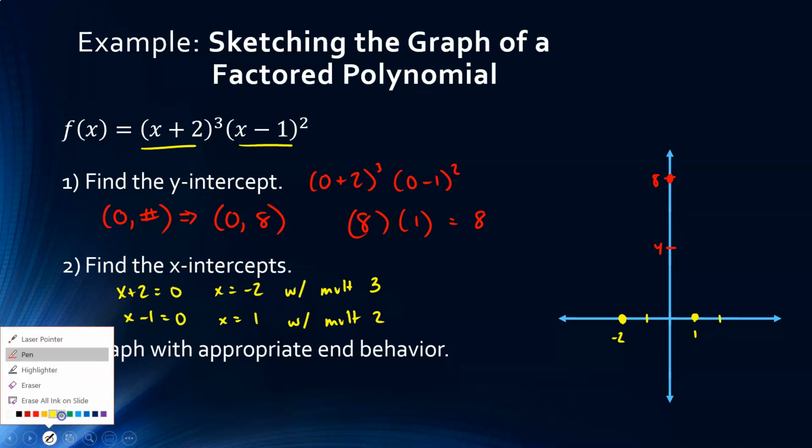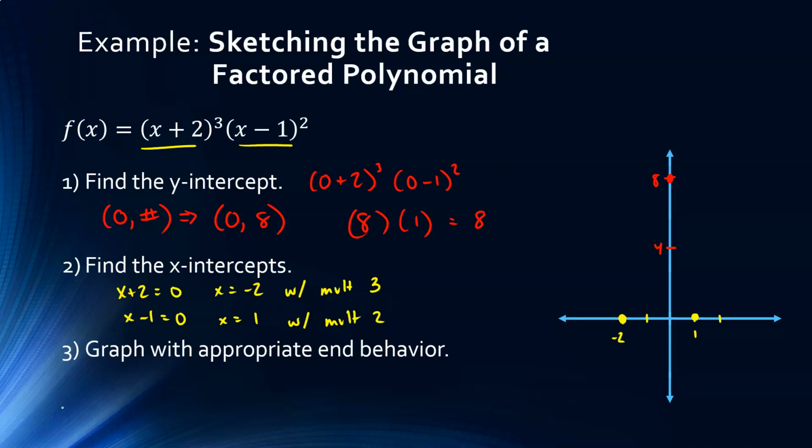Now, end behavior we've always gotten when it's in standard form. This is not in standard form. Now you might think, oh my gosh, I have to multiply x plus 2 cubed and then take that times x minus 1 squared and get it in standard form? No. Again, we're not going to get this in standard form, all we care about is finding the leading term.